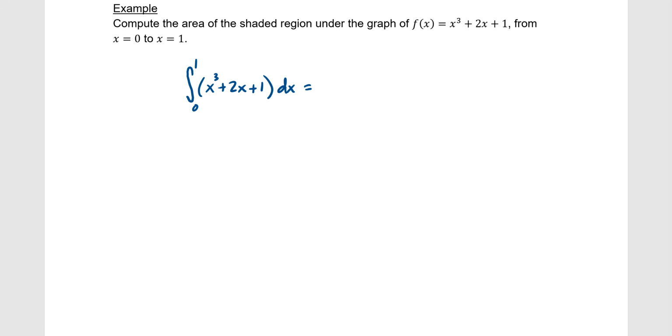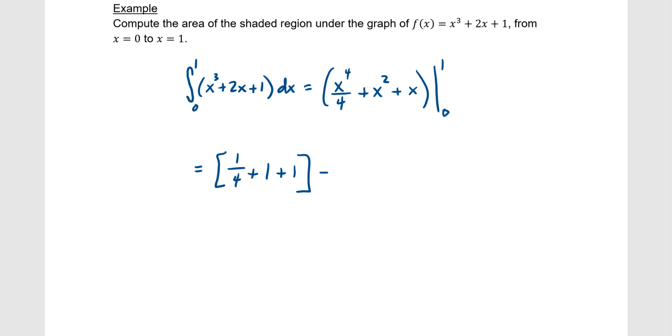And we integrate that and we get x to the 4th over 4 plus x squared over 2, but when you divide by 2, it cancels with this 2 right here. And then the integral of 1 is just x. Plug in our bounds from 0 to 1, and that's going to end up giving us, let's plug in the upper bound first. That's going to be 1/4 plus 1 plus 1, and now we plug in 0.